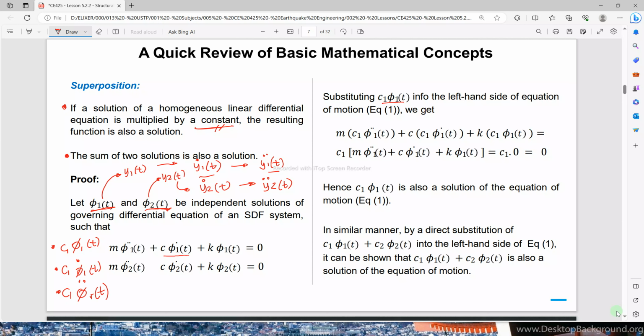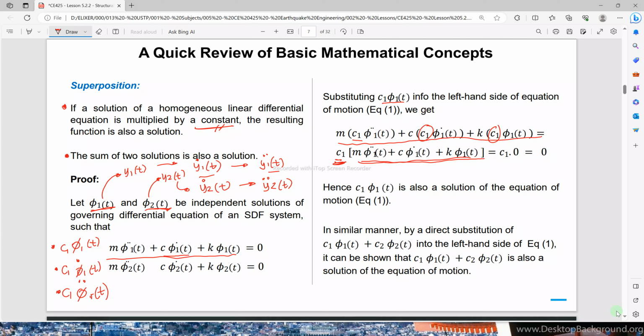If you substitute that into the equation of motion, the simple second order linear differential equation, it will become in this form. Since C1 is a constant, we can factor it out as shown in this equation, and then we are left with C1 times this equation. C1 times 0 is just equal to 0. Hence, C1 phi1 of t is also a solution of the equation of motion, equation 1.